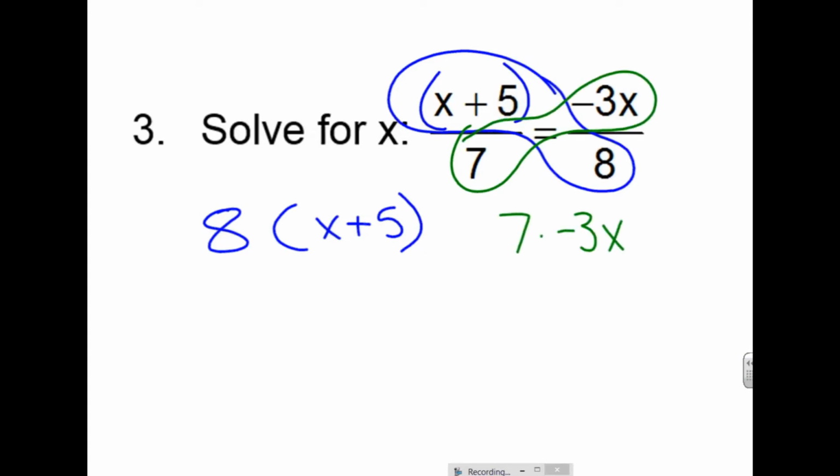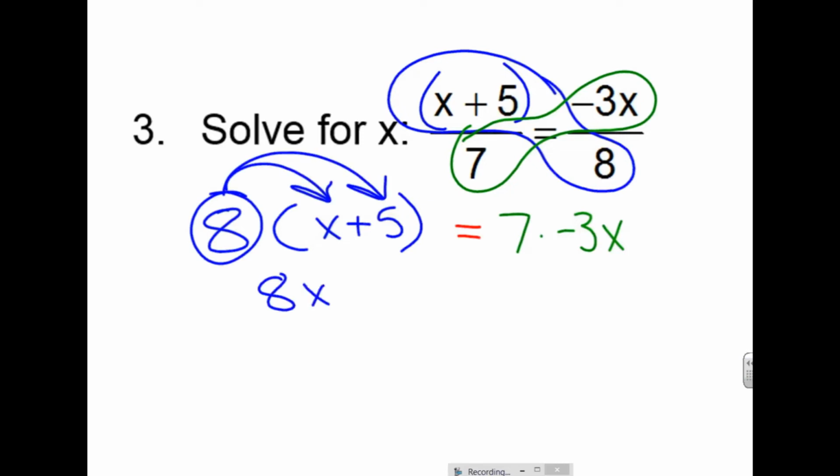And of course, we're setting those values equal. The reason why we put those parentheses is it reminds us we need to distribute the 8 to both terms inside the parentheses. So you get 8x plus 40. And that equals 7 times negative 3x, which is negative 21x.